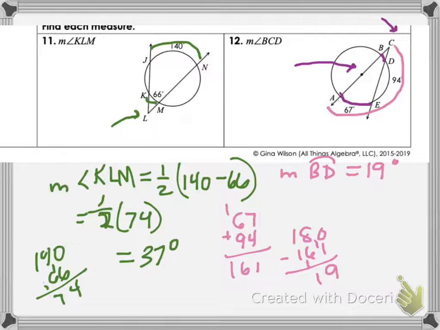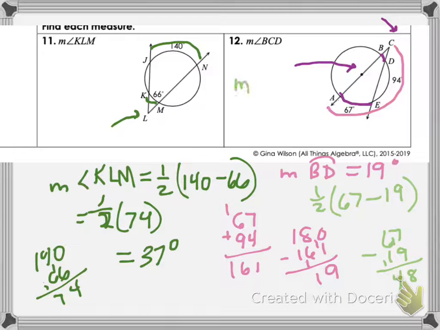To find the angle that we're wanting, it is going to be half of the difference between 67 and 19. So we're going to subtract 19 from 67 and get 48. And so half of 48 is 24.